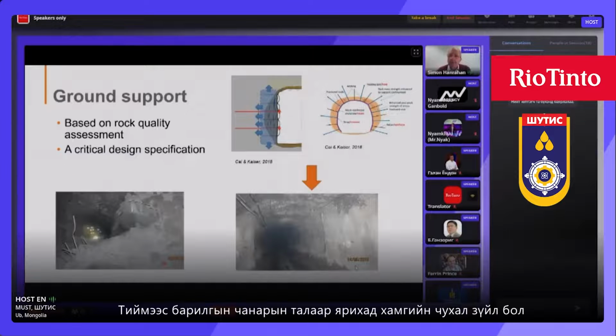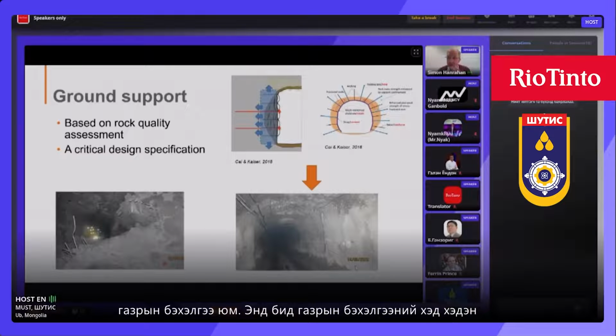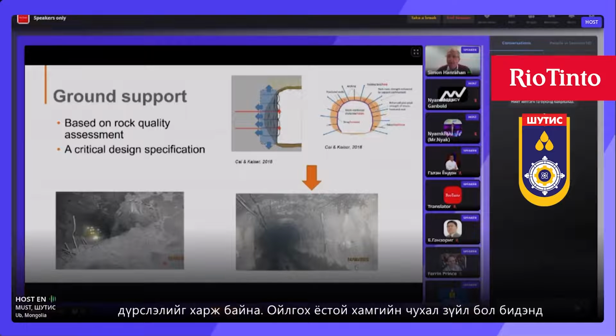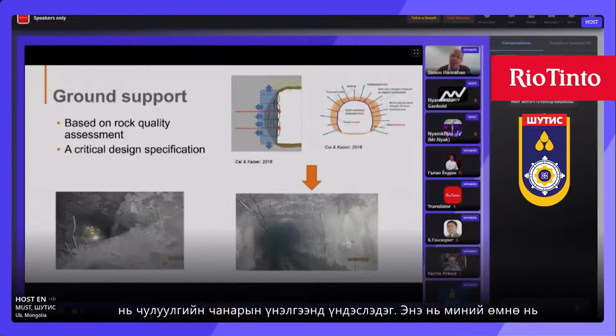So one of the important things when we talk about the construction quality is the ground support. And here we see a number of illustrations in terms of the ground support requirements. The most important thing to understand is when we are assessing what sort of ground support we need, it's really based on the rock quality assessment. And this comes back to the point I talked about earlier on about the ore body knowledge.